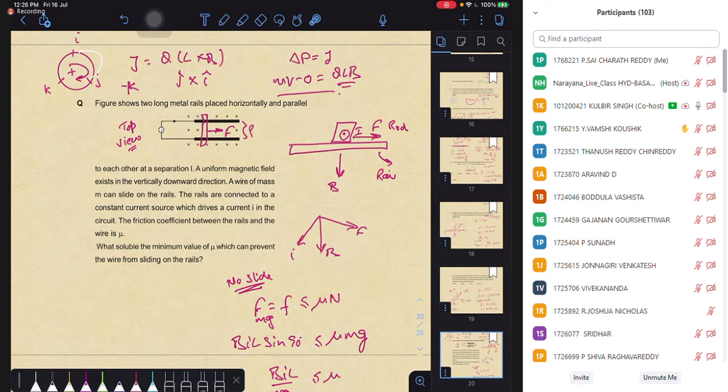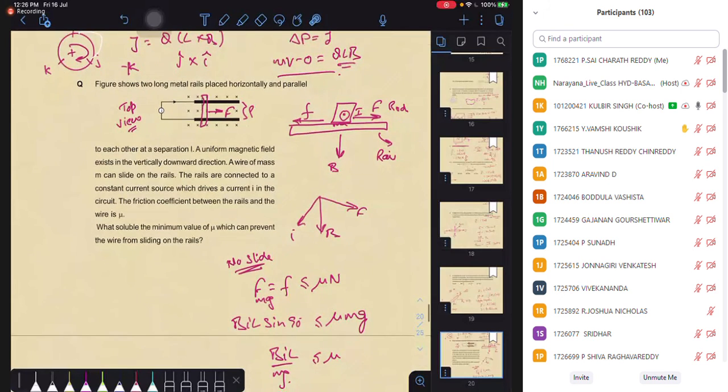So the force is perpendicular to the rod. If I try to slide it, I get friction in the opposite direction. Friction balances the magnetic force as long as it is less than mu N. So the magnetic force is BIL sine 90 degrees.